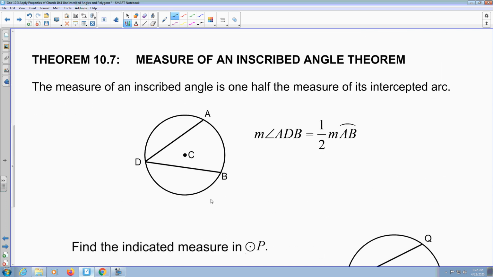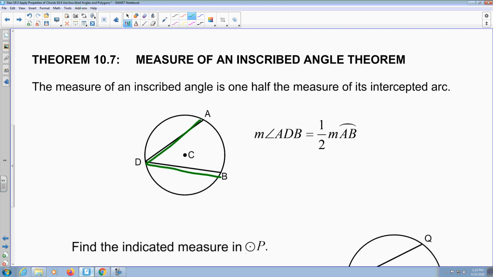Okay, so looking at some theorems that are going to help us solve some problems. The first one is to be able to measure an inscribed angle. The inscribed angle theorem states that the measure of an inscribed angle is 1/2 the measure of its intercepted arc. So we have this angle here, angle ADB.